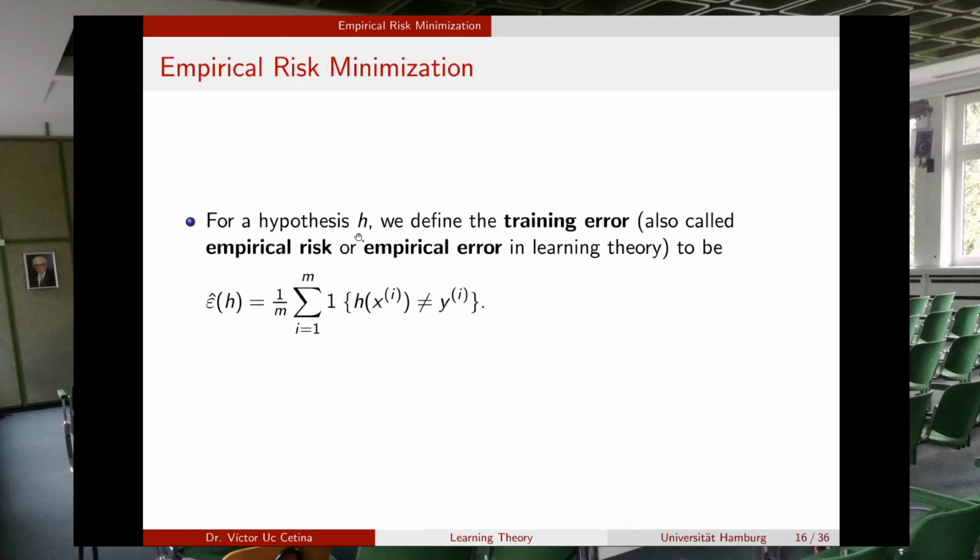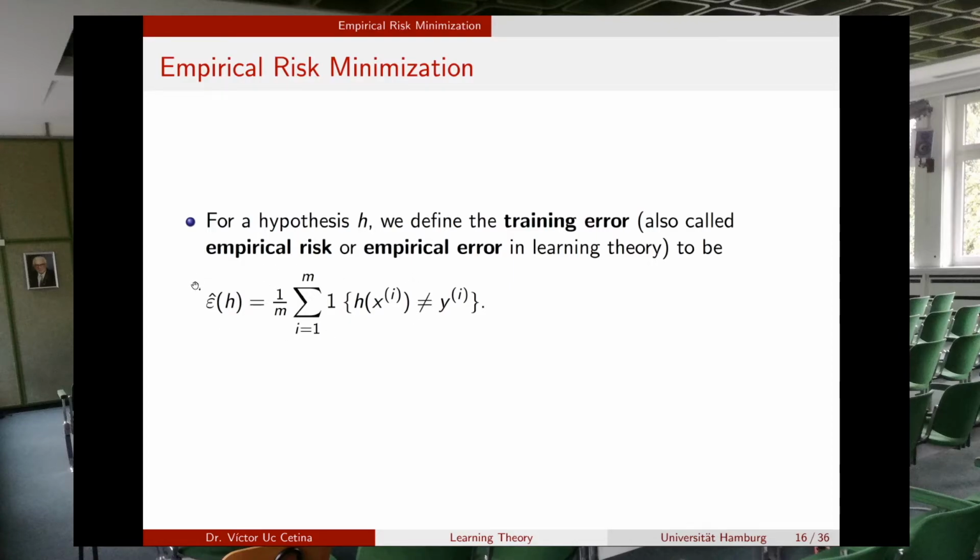For a hypothesis H, we define the training error, which is also called the empirical risk or empirical error in learning theory. We will denote this error as epsilon circumflex. So whenever you see an epsilon circumflex, we are talking about the error of a hypothesis H on the training set. Okay, this circumflex makes reference to the training set.